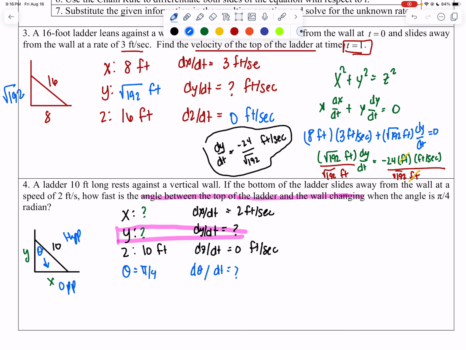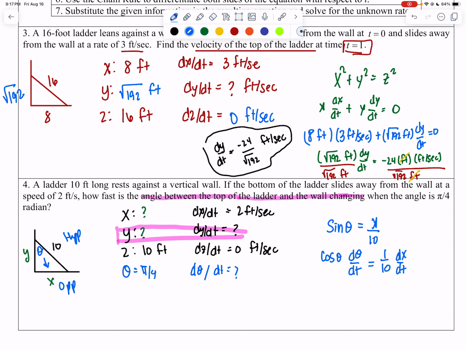So I have sine of theta is equal to opposite over hypotenuse, x over z. Great, we already found our equation. Now we're going to take the derivative. So we have cosine theta d theta dt is equal to 1/10 dx dt.